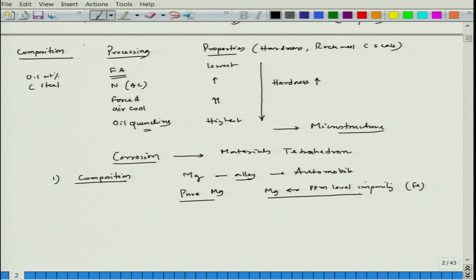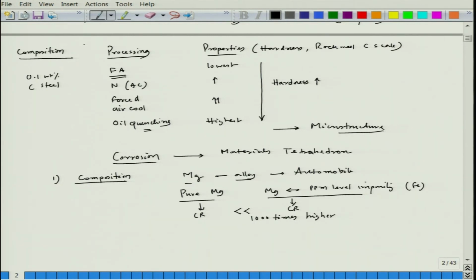Now, if we try to compare the corrosion rate, this is almost close to around 1000 times higher. So, ppm level presence of iron can increase the corrosion rate of magnesium to a great extent. Now, you could sense that the composition has a huge implication on the corrosion behavior.